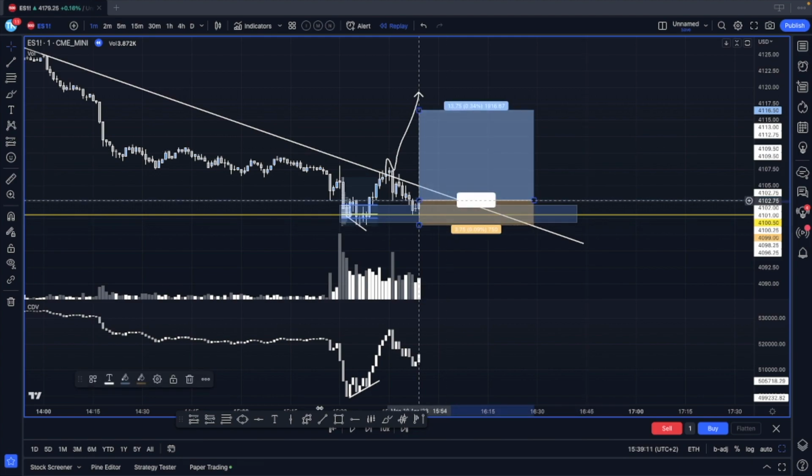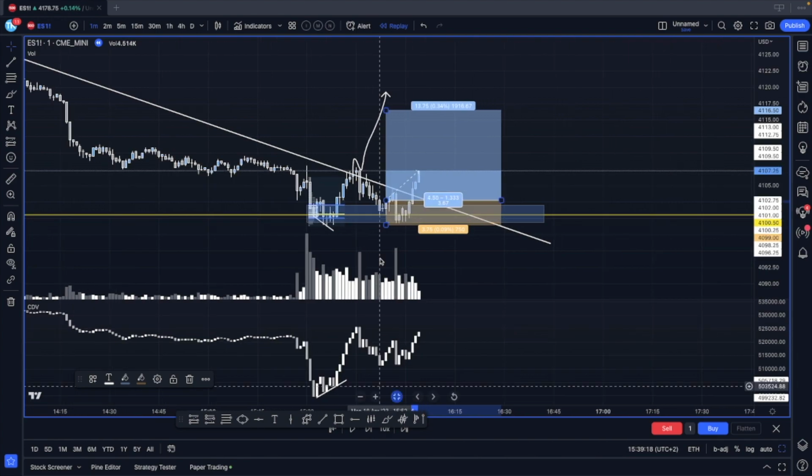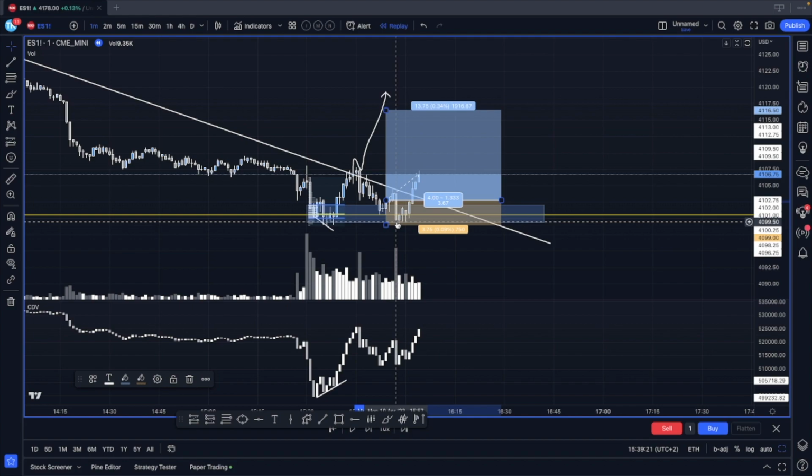So we can move on, and as you can see, price gets close to my stop loss, but the reason there are these tails, these wicks here, is that here, where you can't see on TradingView, there are trap sellers.